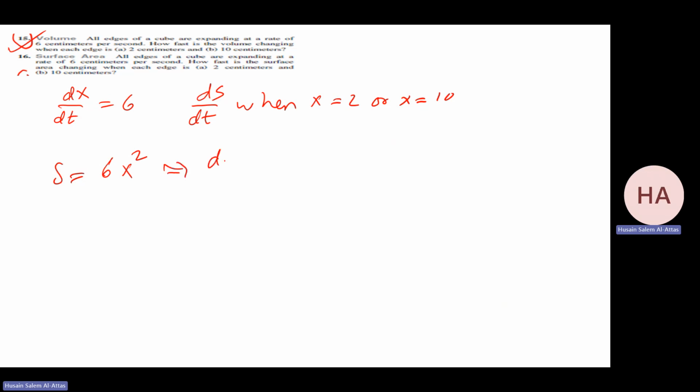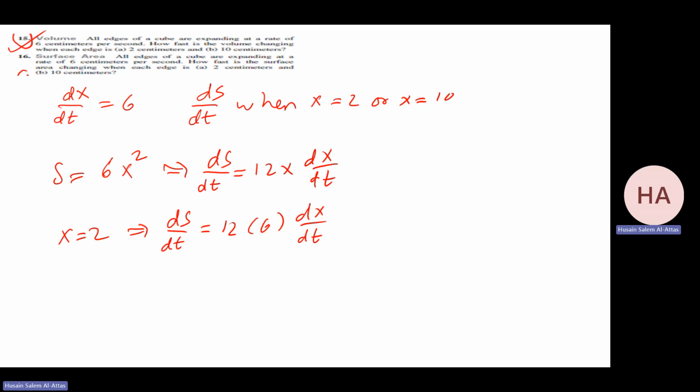That implies ds/dt will be 12x dx/dt. Plugging in the numbers, for x equal to 2, ds/dt equals 12 times 2 times 6, which is 144. X is 2, and this is 6.